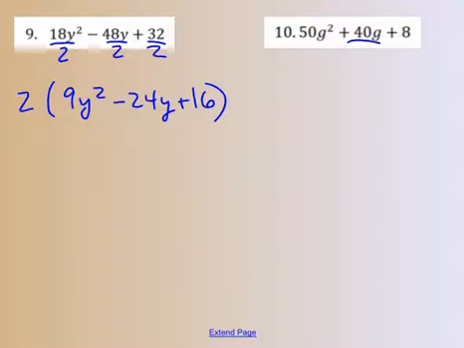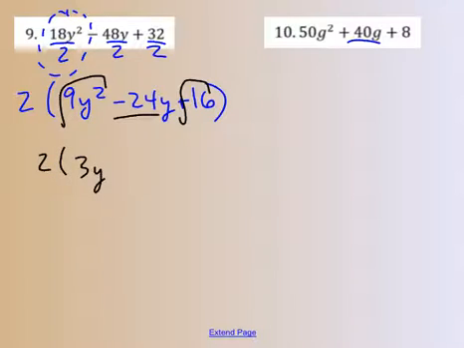You should have saw here, 18 is not a perfect square root. So dividing that helped me out a lot here, because now I should be able to see that these two do have square roots. In fact, it's 3y. This is negative in the middle, so it's going to be minus 4. 3y minus 4.